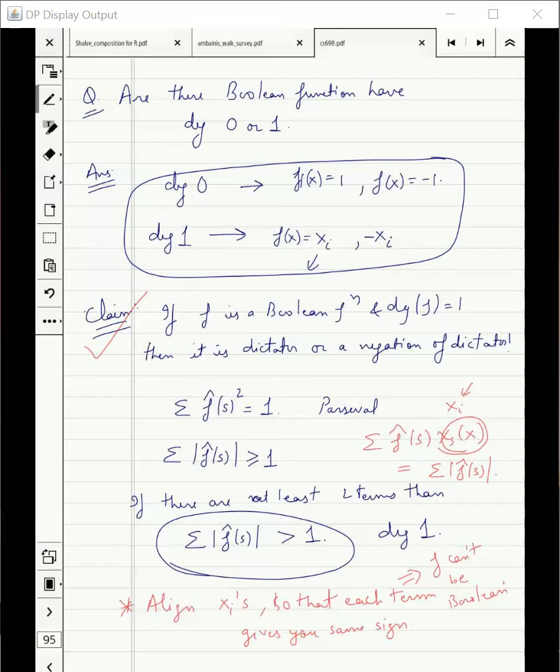Because really f of x equal to xi is just a function on one variable. It's not a function on n variables. You can add as many variables as you want in the definition of the function. It doesn't matter, but inherently this function is only a function on one variable. And that's why this is not a sound counterexample.